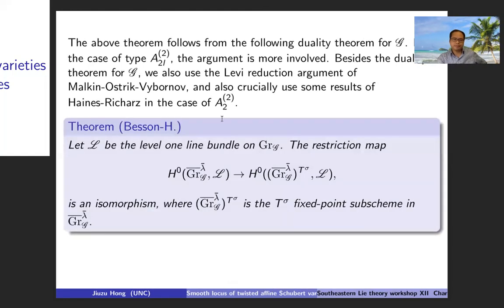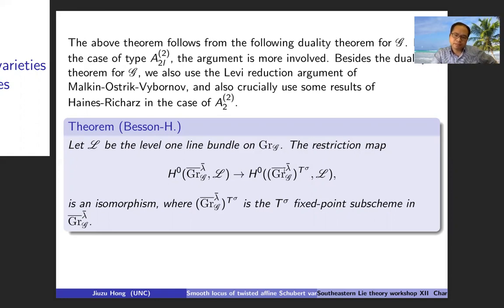Okay, so this is a theorem I want to explain. So let L be a level 1 line bundle on the twist affine Grassmannian, and then we restrict this level 1 line bundle to the twist affine Schubert varieties. And on these twist Schubert varieties, in fact, we have an action of this torus T sigma. I mean, T is the maximal torus, right? In G, and you can take the sigma fixed points, and we still get a torus.